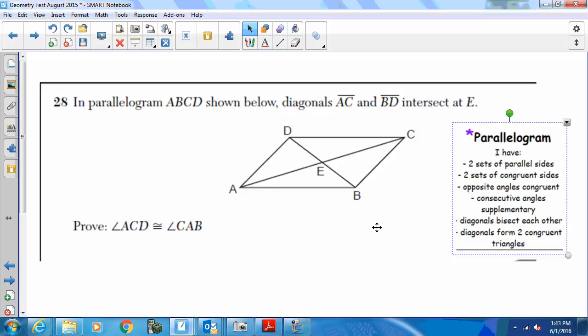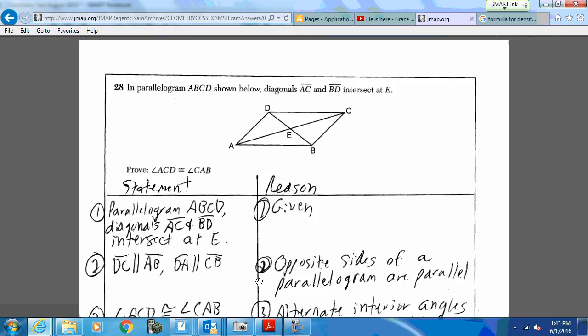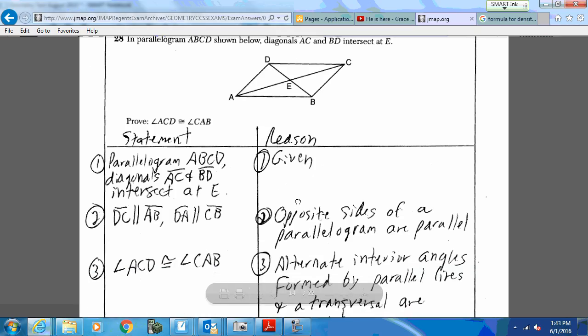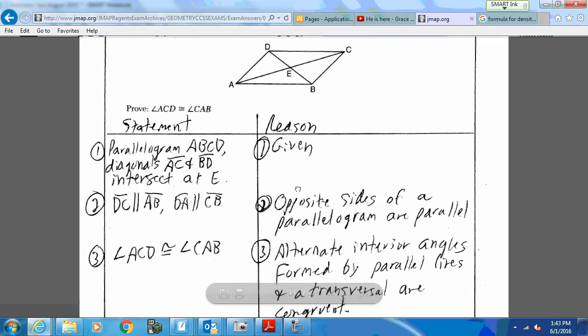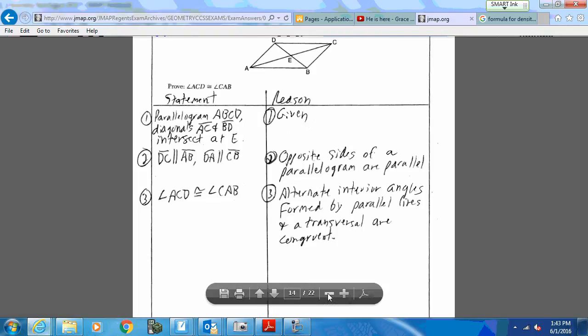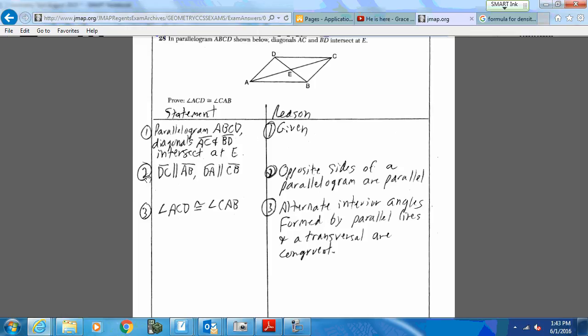So I'm going to go to an answer that I saw that I think is a good one I want you to write down. And here's one way to do it. All right, so look at what this person wrote. They have their statement. They just wrote the given information and the reason for writing it, just the fact that it's given. Then they wrote DC is parallel to AB, and DA is parallel to CB.